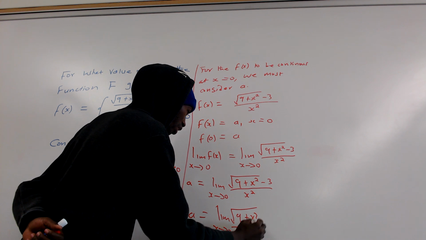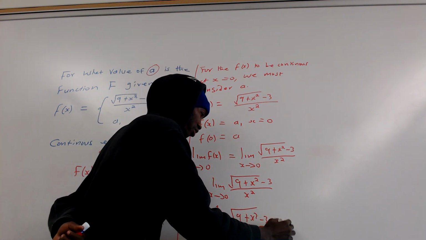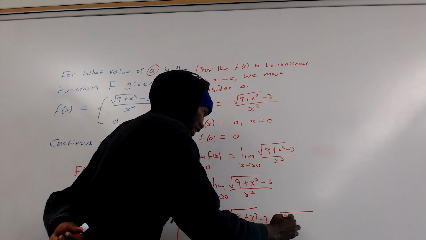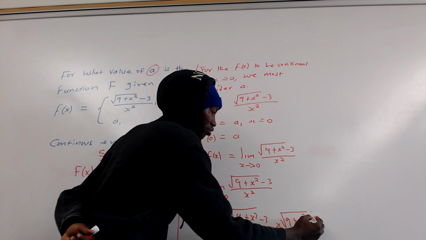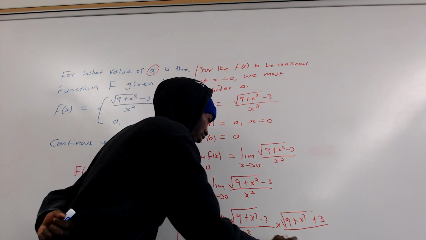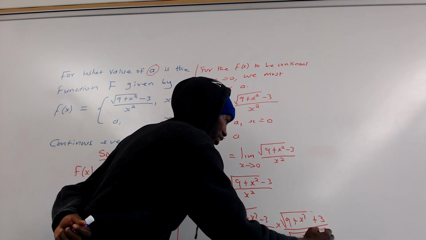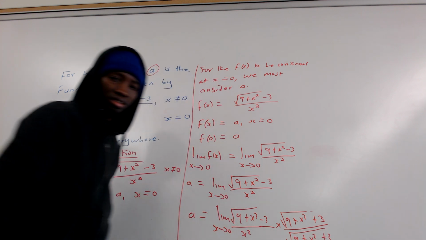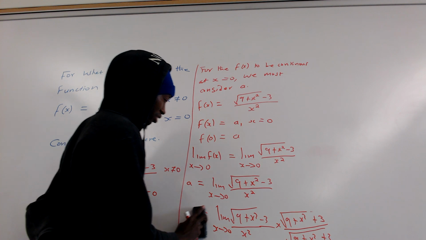If we rationalize this, we multiply the numerator and the denominator by the same value, since the sign here is minus, to rationalize it is going to be plus: the square root of 9 plus x squared plus 3.